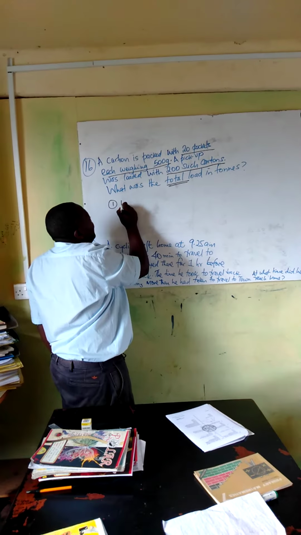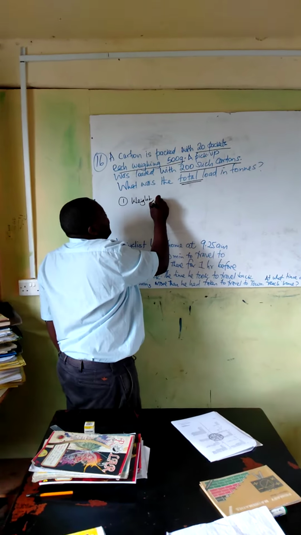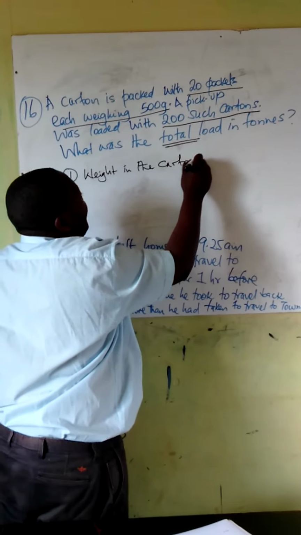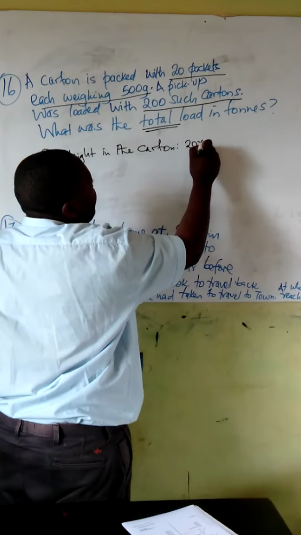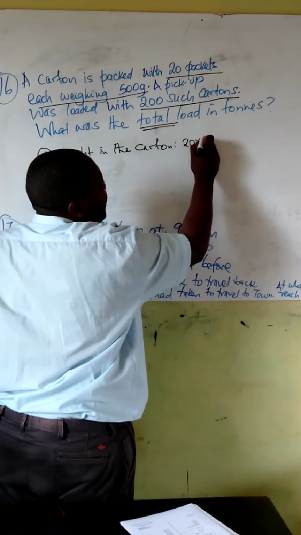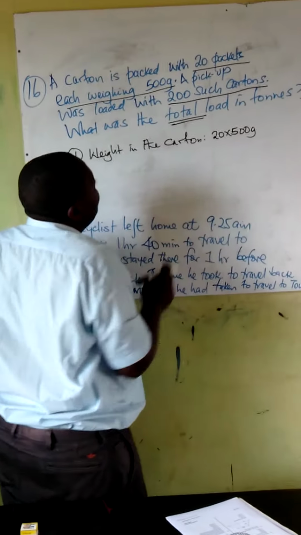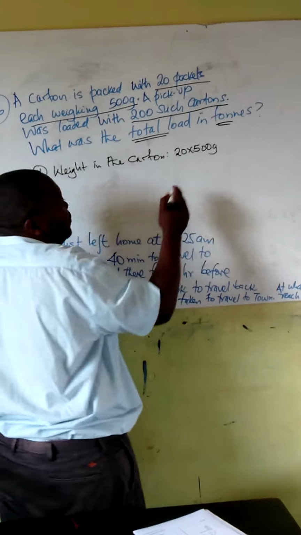So we need to get the weight of the 20 packets, the weight in the carton. So the first step is weight in the carton. And how do we get the weight in the carton? We will get it by multiplying 20, because there are 20 pieces and each is weighing 500 grams. And remember, our answer has to be in tons. Back in your mind, you should remember that.